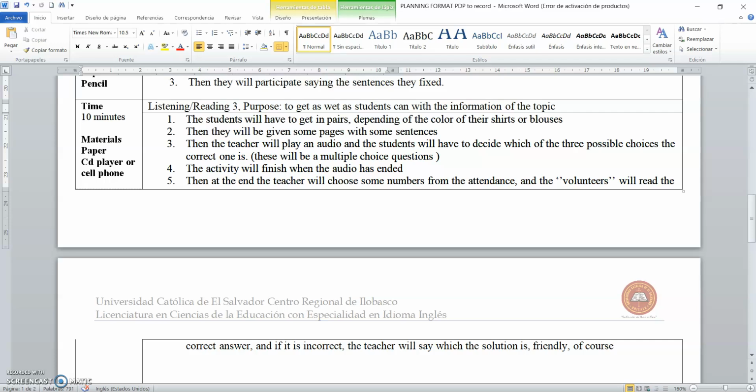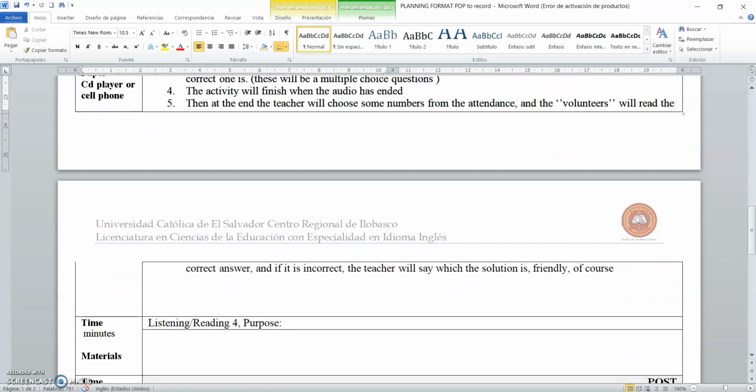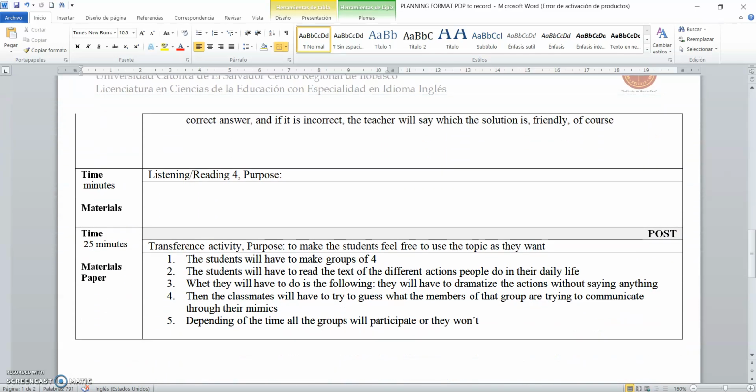We have to be not their friend, because this will be kind of difficult to control in some moments, because they have to feel that we are the leaders. But that doesn't mean that they are not going to take the responsibility at some times, because they are the protagonists most of the time. We as teachers are just the facilitators.